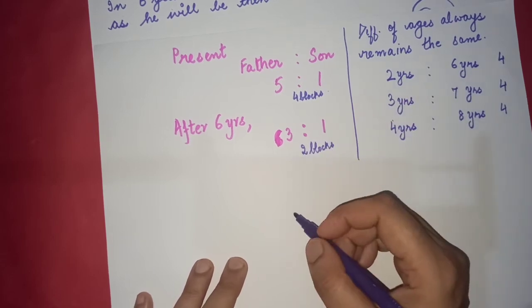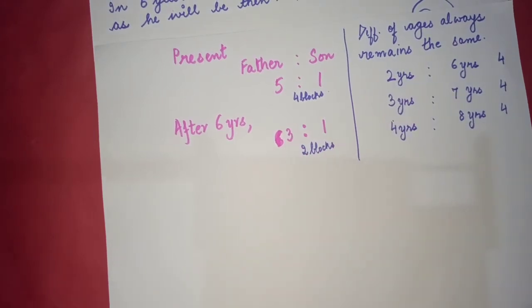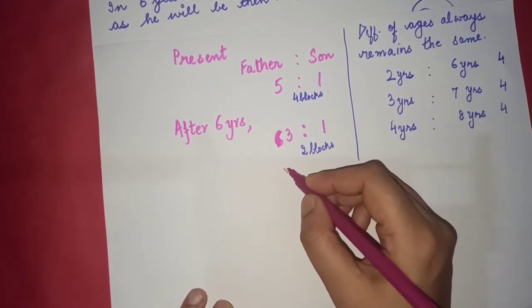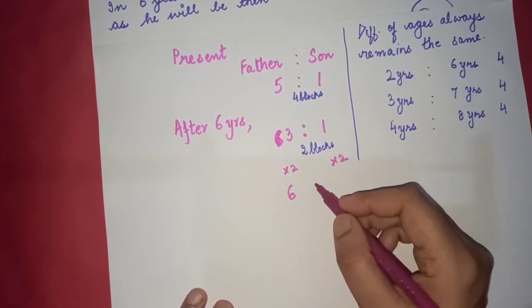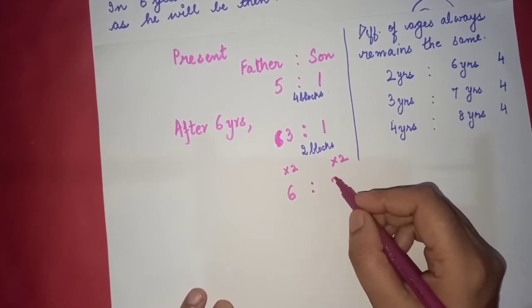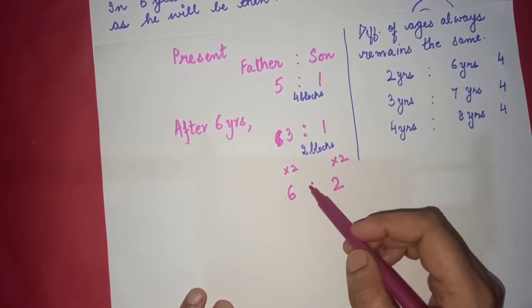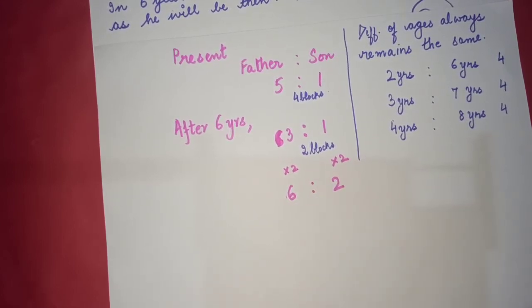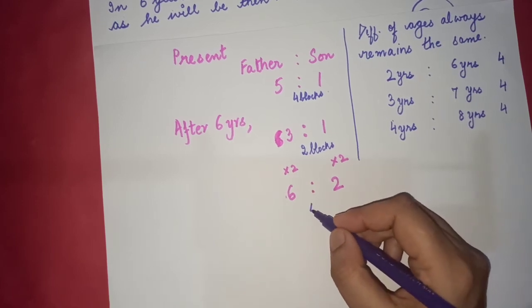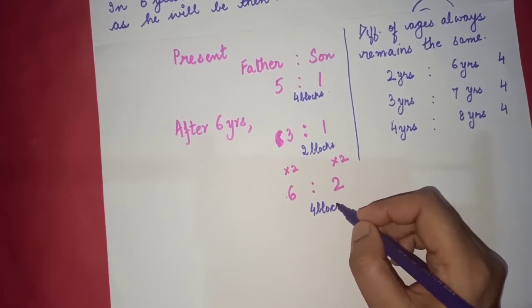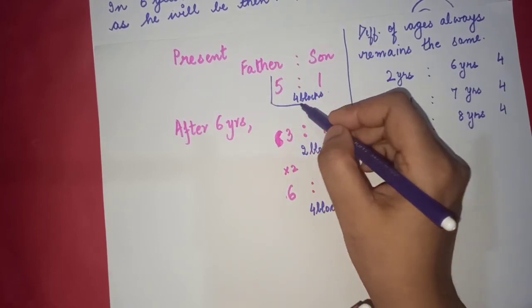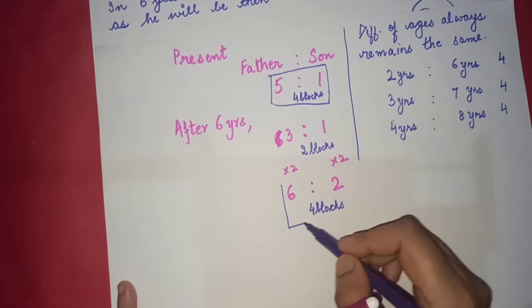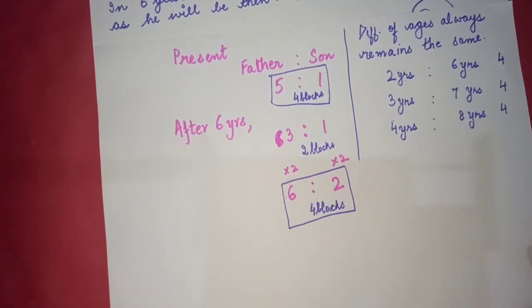So I'm going to multiply this ratio by 2. Now the difference is of 4 blocks, so the difference remains the same. Here also the difference is of 4 blocks, and here also the difference is of 4 blocks.